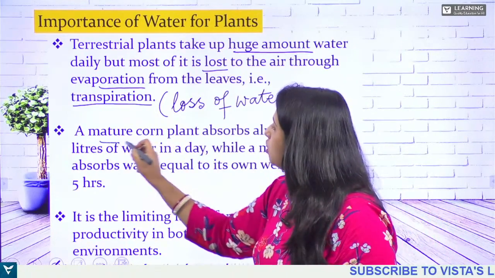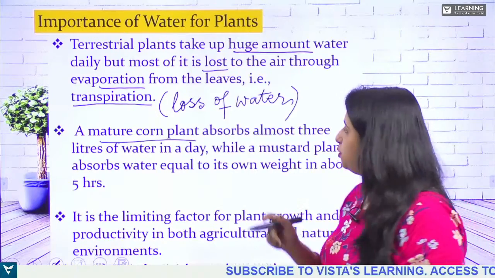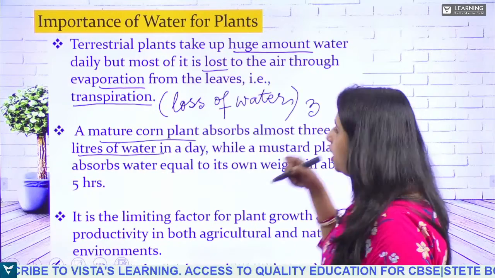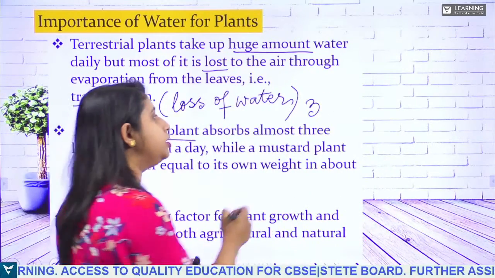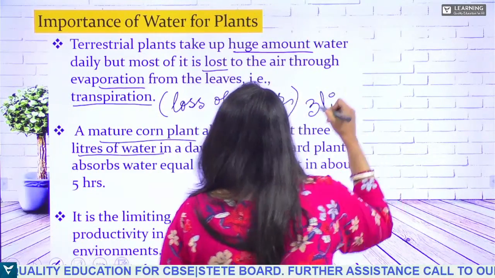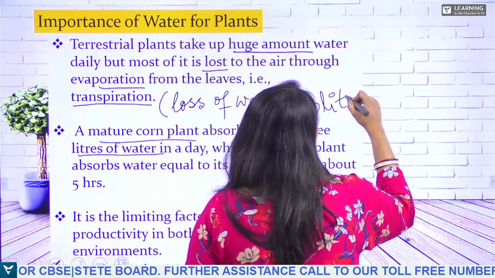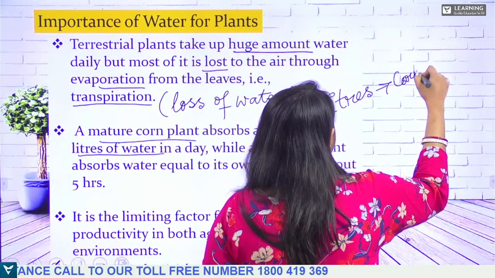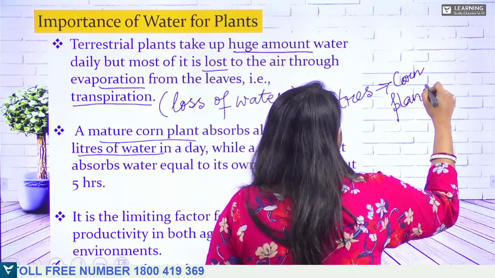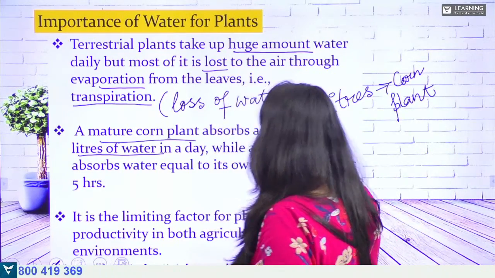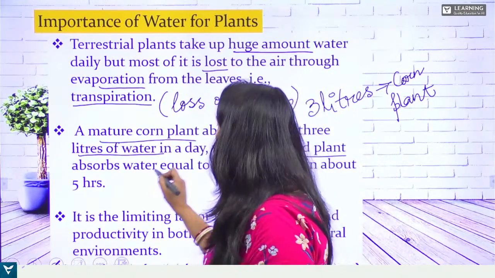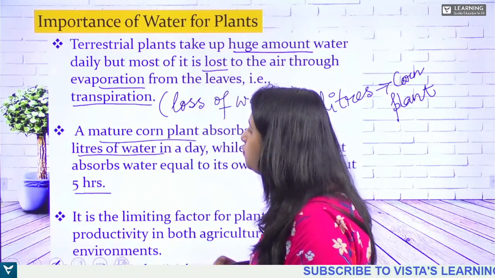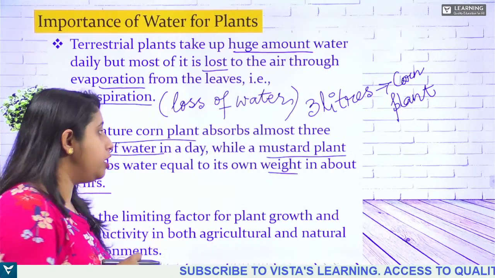A mature corn plant absorbs almost 3 liters of water in a day. So how many liters of water does a corn plant absorb? It absorbs 3 liters of water. Now a mustard plant absorbs water equal to its own weight in about 5 hours.